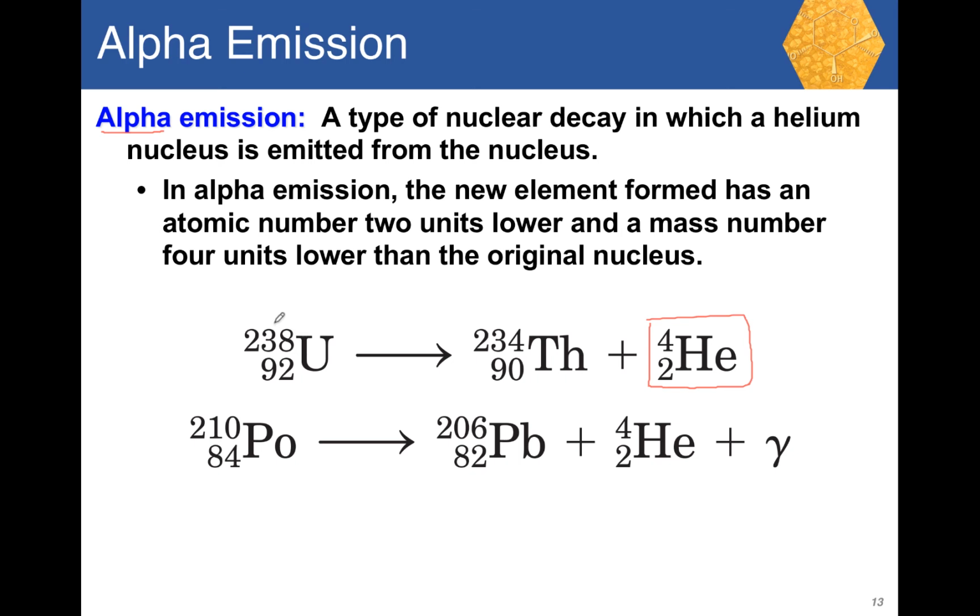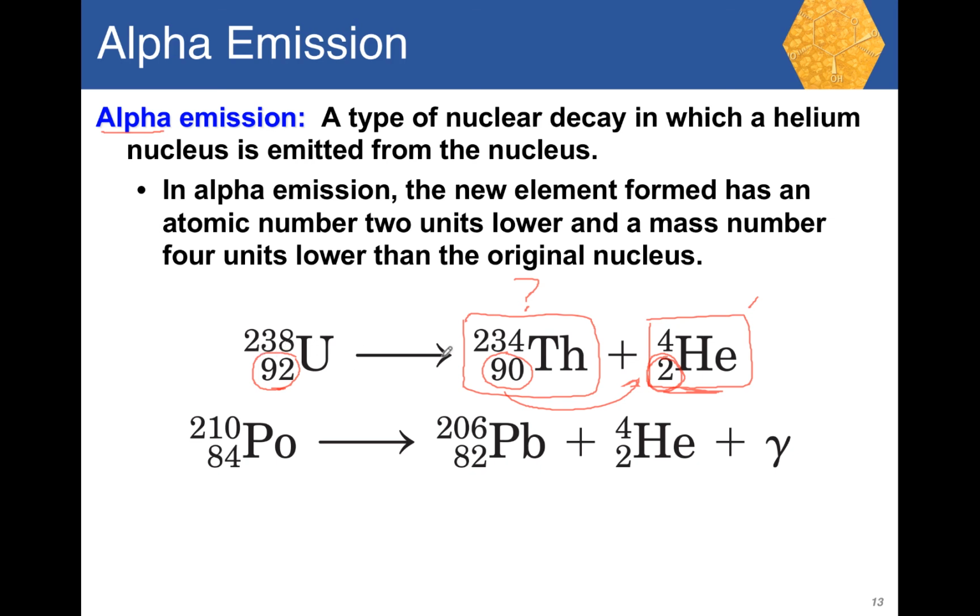So if uranium is radioactive and it emits this, the question is, can you determine what is left after that radiation? Again, we have 92 for the atomic number, and it emits a particle that has 2 for the atomic number. So 90 and 2 is 92, so this has to be 90.